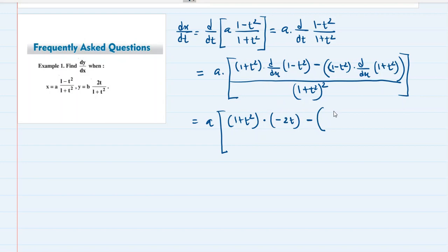Minus round bracket, we have got 1 minus t square over here. And this will become 0 plus 2t. So that is just 2t. The whole upon 1 plus t square the whole square. Bracket closes over here.